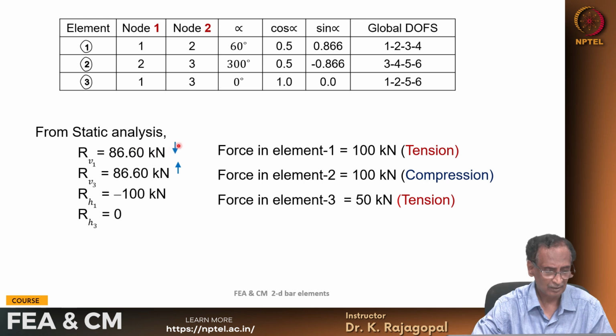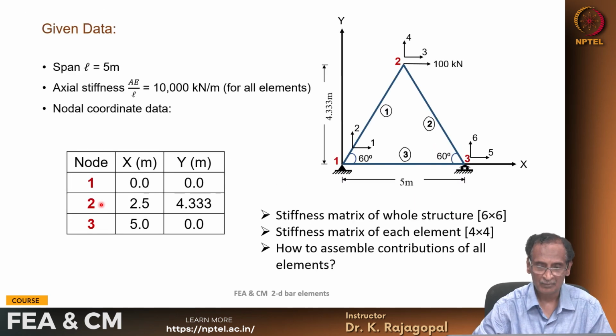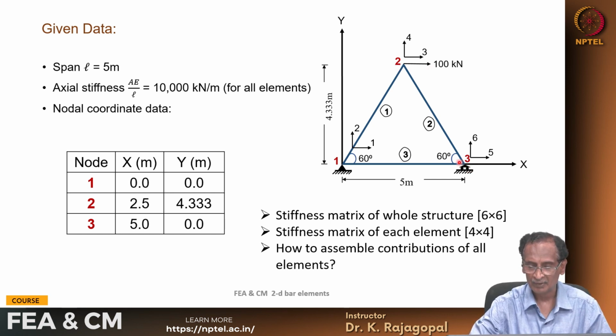These arrows show the direction. If you look at this, because we applied a force of 100 kilonewtons here, and node 3 is supported on rollers, there will not be any horizontal reaction here.